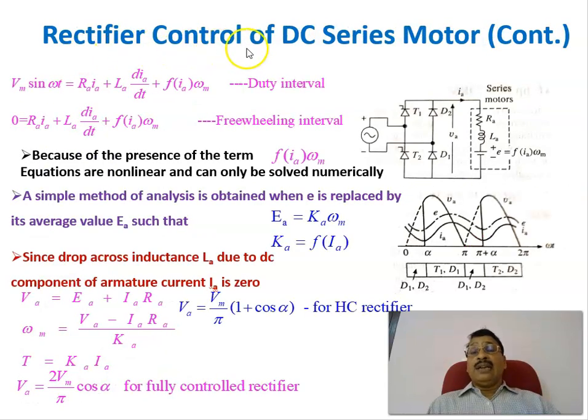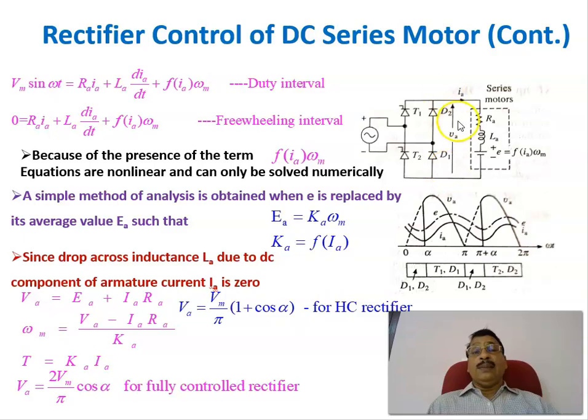Continuing the rectifier control of DC series motor, this is the circuit diagram and the corresponding intervals. One we call the duty interval, that is from alpha to pi. T1 and D1 are conducting, and the voltage across the armature is the same as the input voltage. And from pi to pi plus alpha, the devices D1 and D2 are conducting.